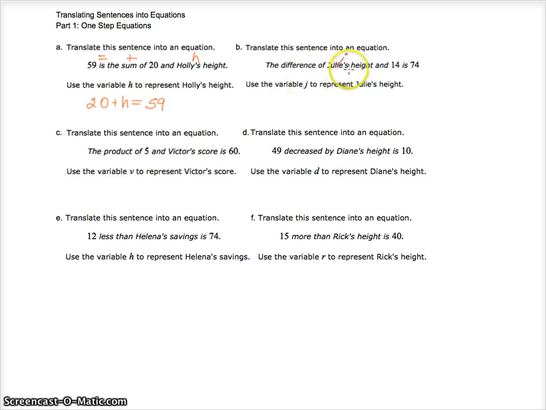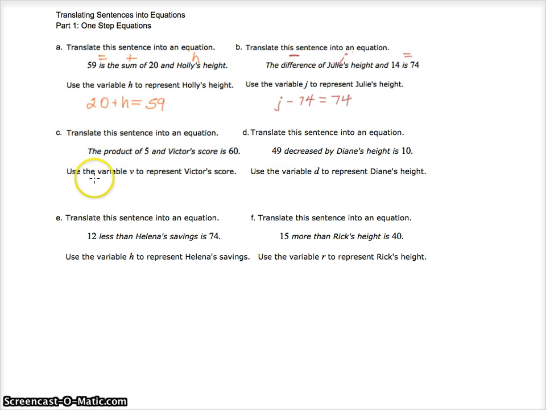So when we're talking about difference and they put it in an order, we have to go in the order that it's asking. So Julie's height, difference means subtract. So it's going to be Julie's height j minus 14 equals 74. And again, is means that we're going to have an equal sign here.